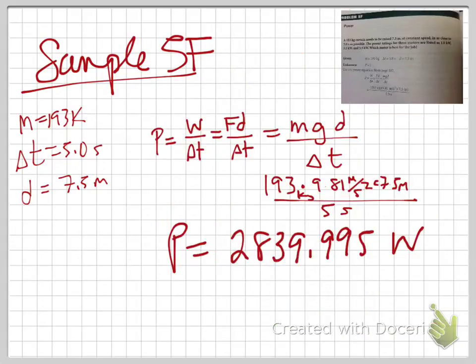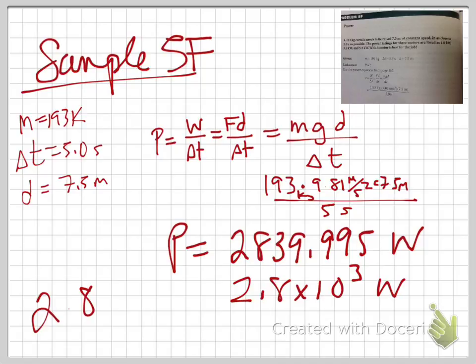Okay, we get a raw answer of 2,839 and change watts. The motor ratings that I was given were in kilowatts. So if we say this is 2.8 times 10 to the third watts, guess what 10 to the third watts is? 1 kilowatt. So the ideal motor for me would be a 2.8 kilowatt motor.